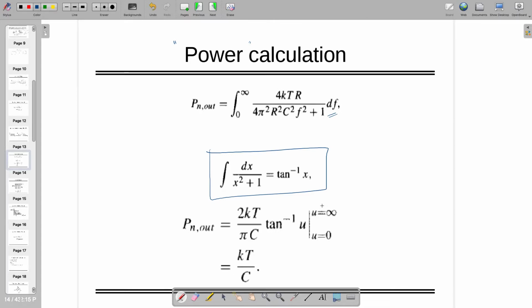U is from 0 to infinity. So the noise power at the output is equal to kt by c.